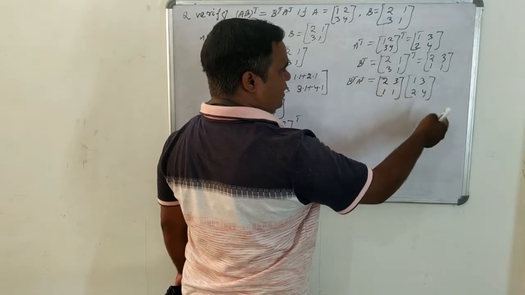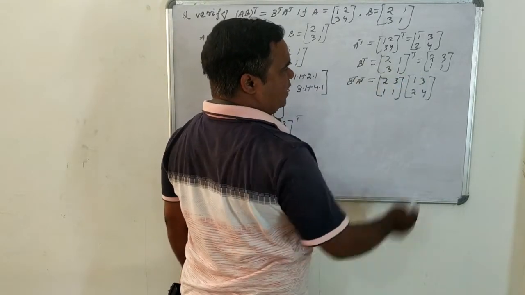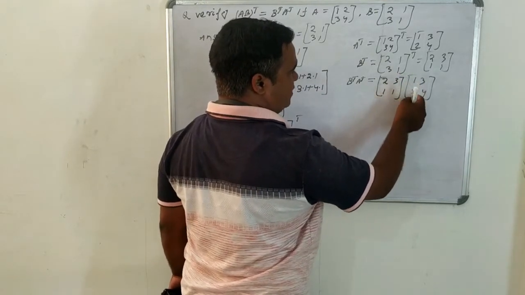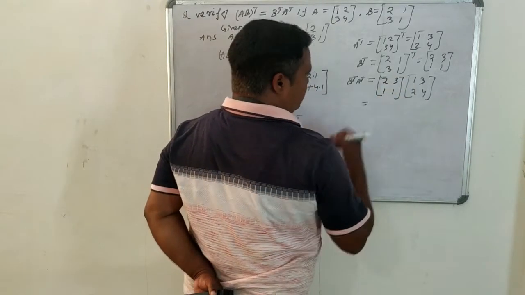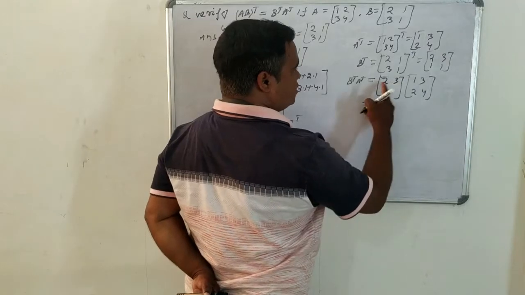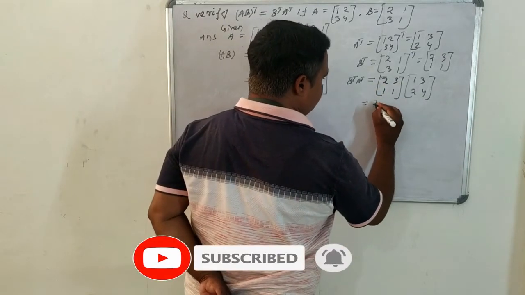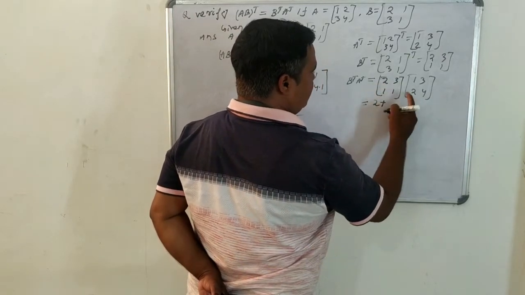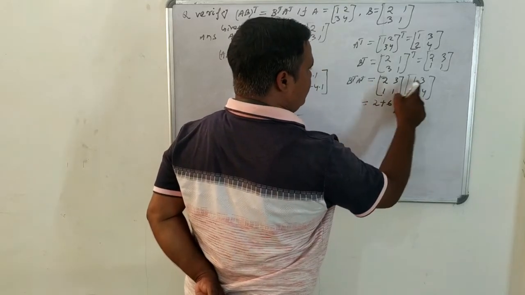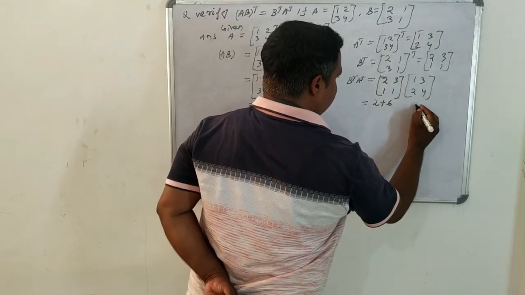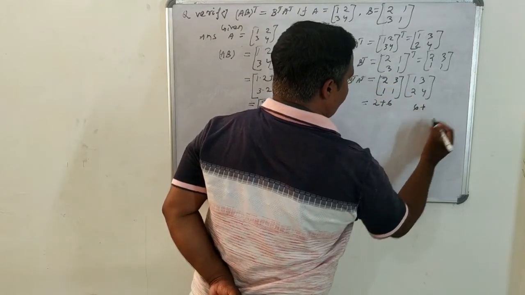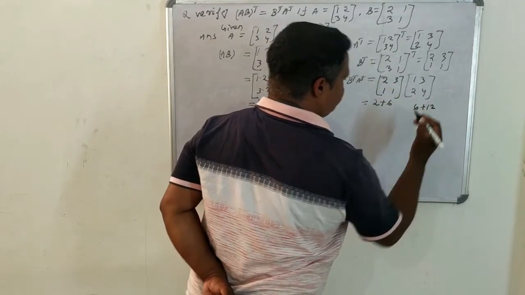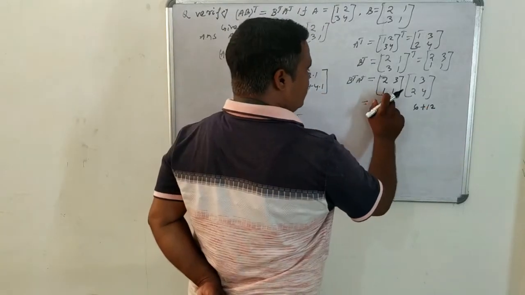So multiplication is possible. First row first column: 2 into 1 plus 3 into 2, which is 8. Then 2 into 3 plus 3 into 4, which is 6 plus 12, so 18.